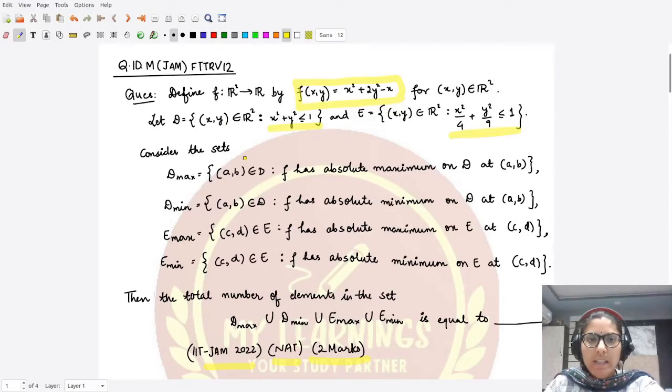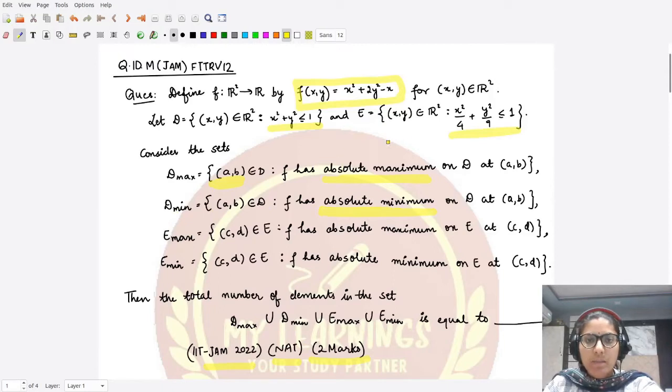Then they are saying the points at which we have absolute maxima lie in the set D max. The points where this function f has absolute minima would lie in D min.